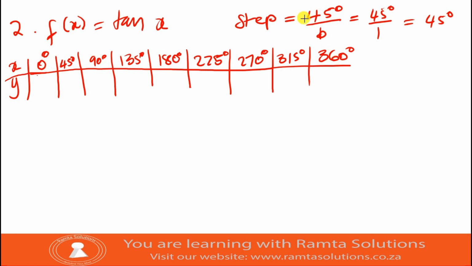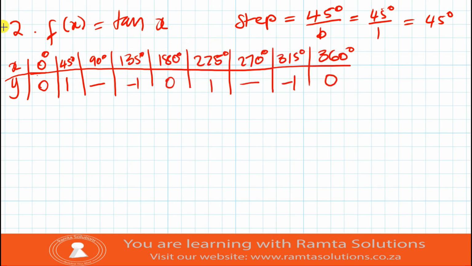Our step, we said it's 45. What you are going to get is this: at 0, your calculator returns 0, 1, error, and then -1, 0, 1, error, -1 and 0.